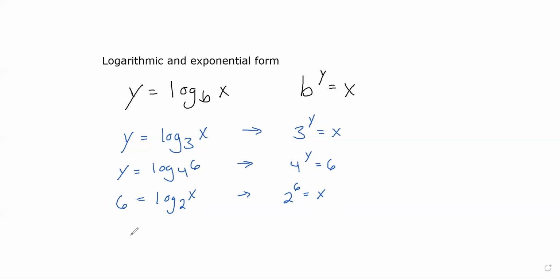And this works the same with log of any base as well as natural log. So if I have, let's say, 11 equals natural log of x again. Notice when I don't put a base down for my natural log, we assume it to be e. So we'd say this is equivalent to saying e to the power 11 equals this x, whatever that is.